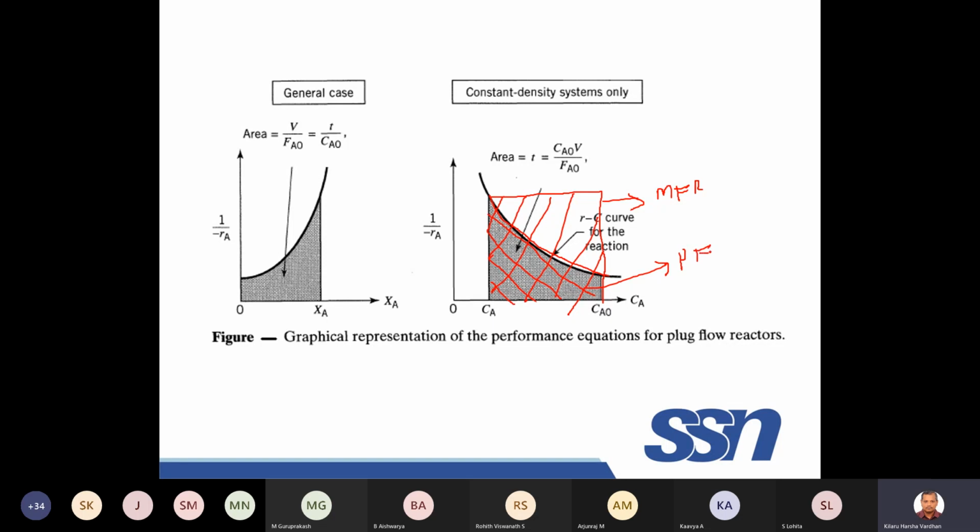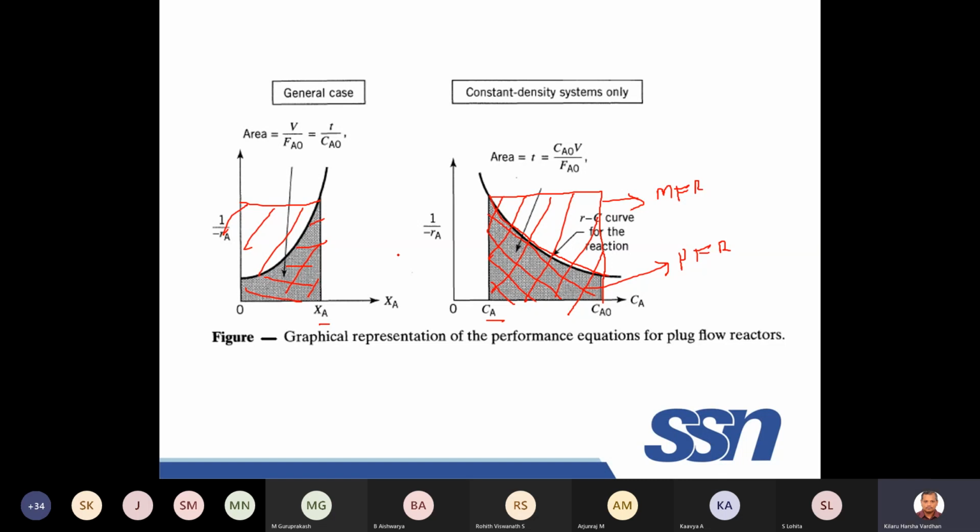Now tell me where the volume will be more for a particular concentration or particular XA. If you are considering XA conversion, this entire thing will be the CSTR, and this dotted part is nothing but PFR.